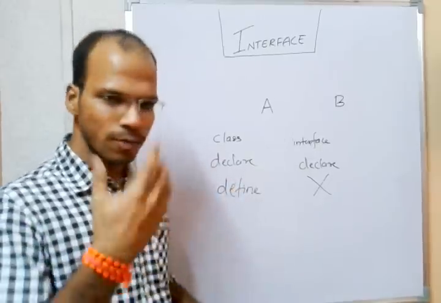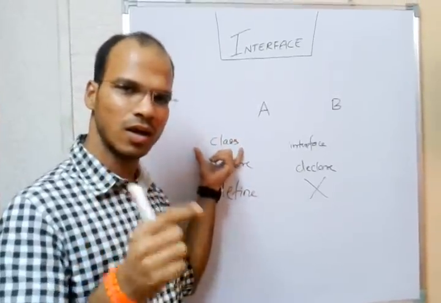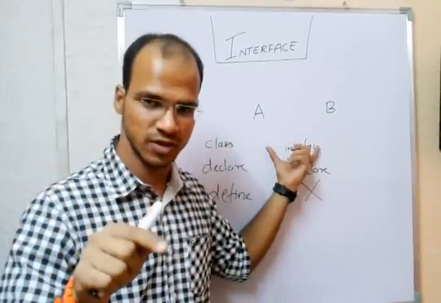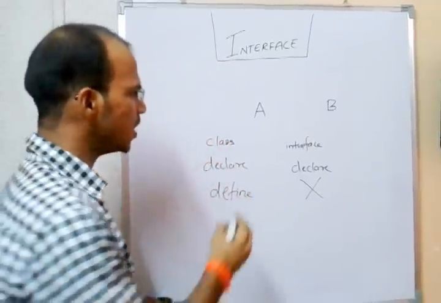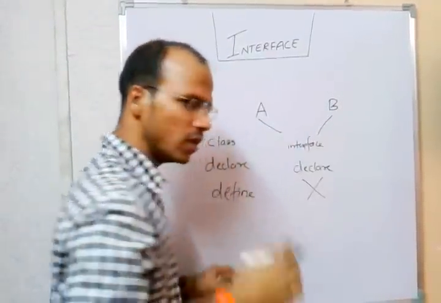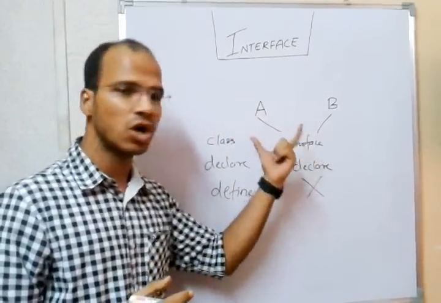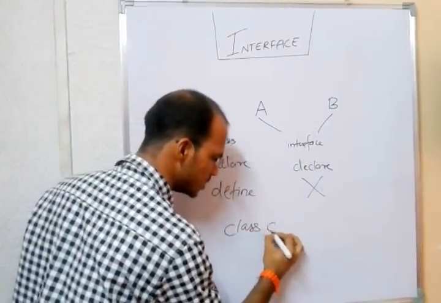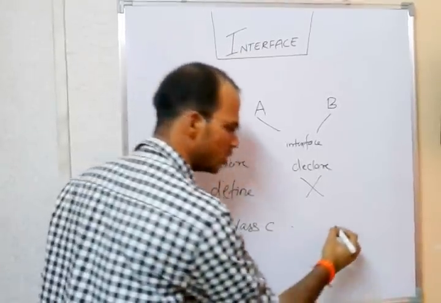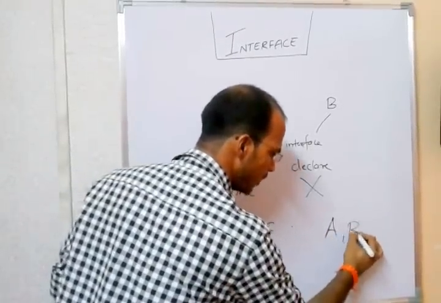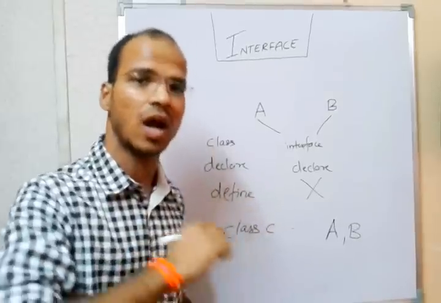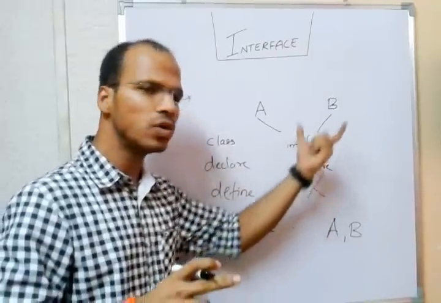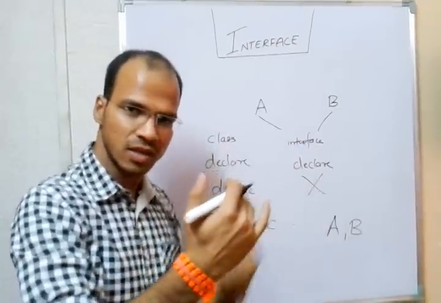Now when we talk about objects, you cannot create an object of an abstract class, and in the same way you cannot create an object of an interface. But if A and B are your interfaces and you create a new class C, this class can use A, comma B, because this time A and B are not classes, they are interfaces.